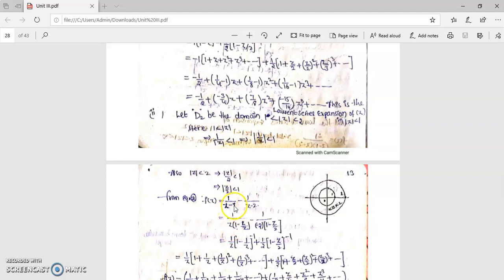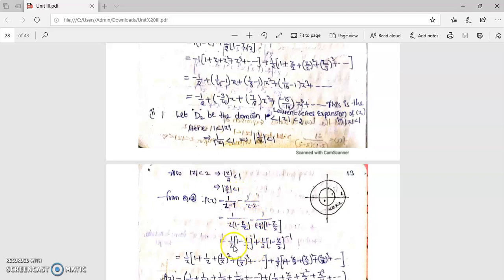Here we get 1 - 1/z, and for the other term, z by 2 type, therefore we take 2 common, minus 2 common, so 1 - z/2. Here z by 2 is less than 1.